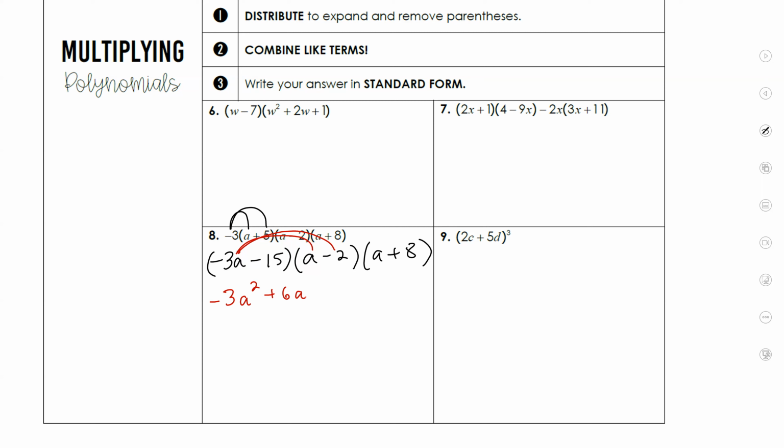Okay, -15 times a is -15a. -15 times -2 is 30. So that's our first two parentheses distributed. So all of this will be multiplied by a plus 8. And we'll do the whole process again.